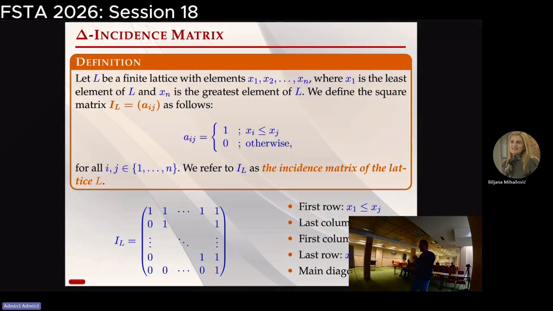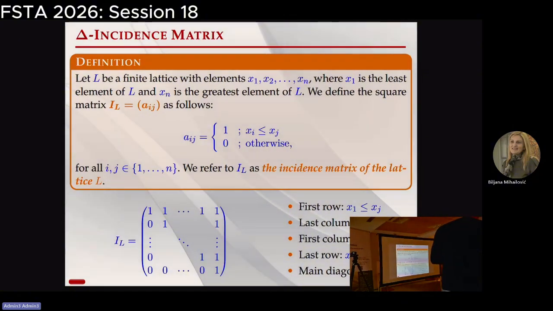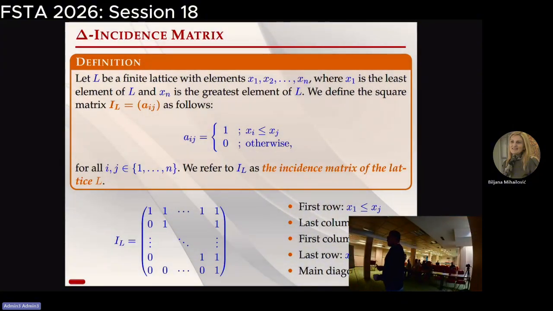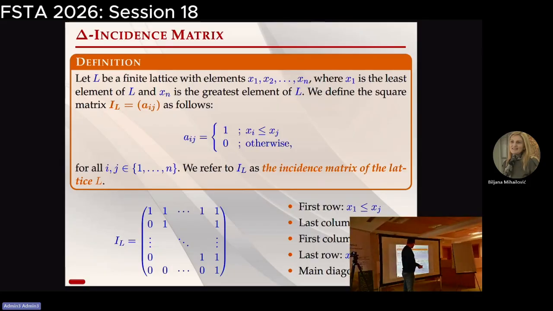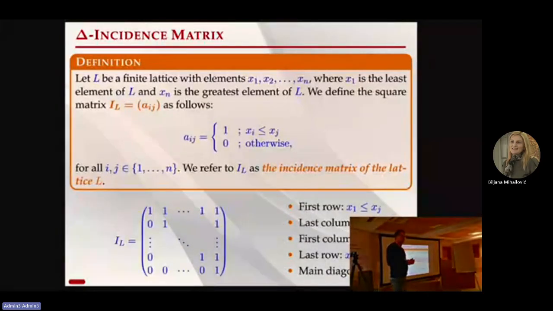So let's start with a term from graph theory. This is the incidence matrix, and its definition is very easy because the number 1 is only for 2 comparable elements in the lattice.